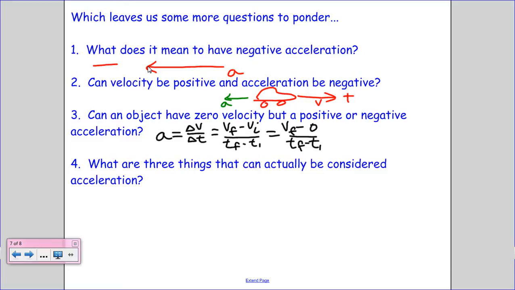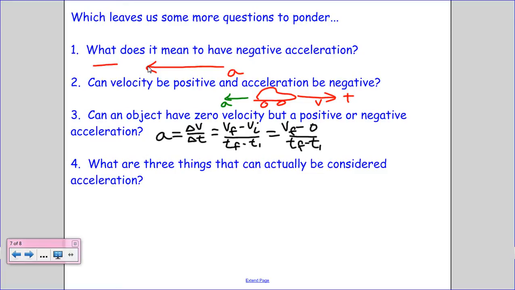To think about it conceptually, the only time you're going to have zero acceleration is when your velocity stays the same over time. So if you start with a velocity of zero, the only way you're going to have an acceleration of zero is if your final velocity is also zero.